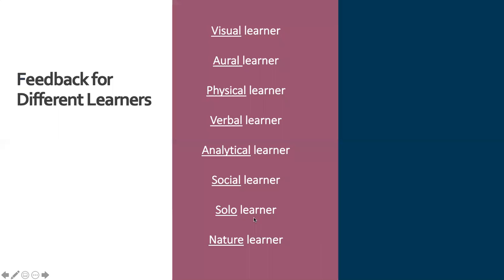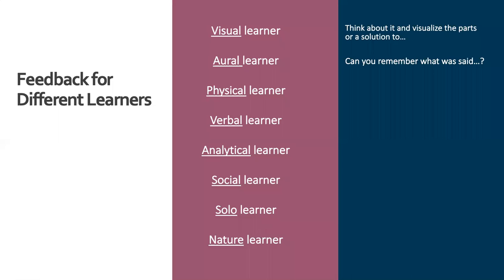So when we think about feedback for these very different kinds of learners, let's look at a little bit. If you're giving feedback to a visual learner, you might say, think about this and imagine or visualize the parts or a solution. So maybe you're showing them a map, or a maze, and you say, think about a solution to this maze. Before you start drawing on this maze, imagine how the path might be to come to the end before you write on it.